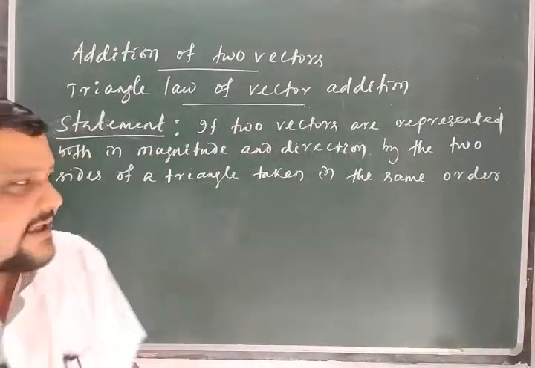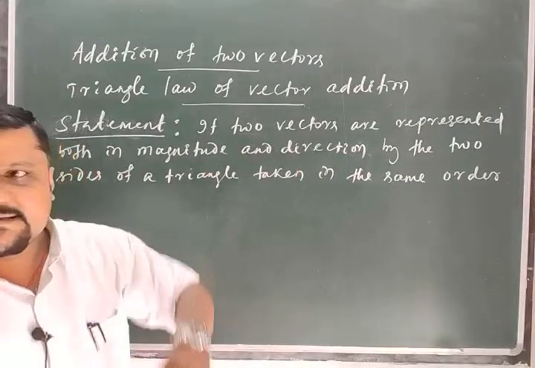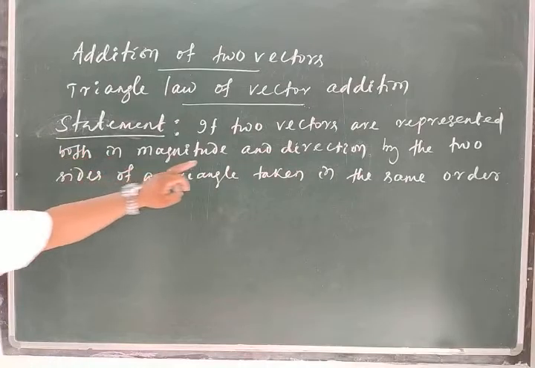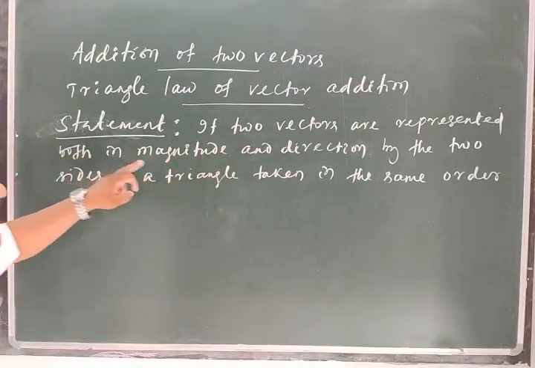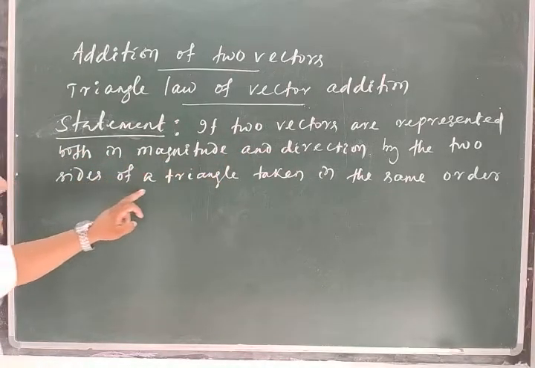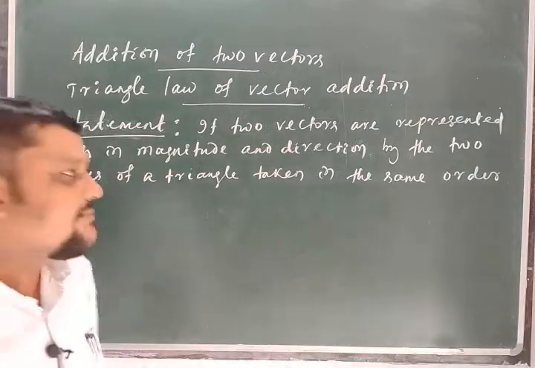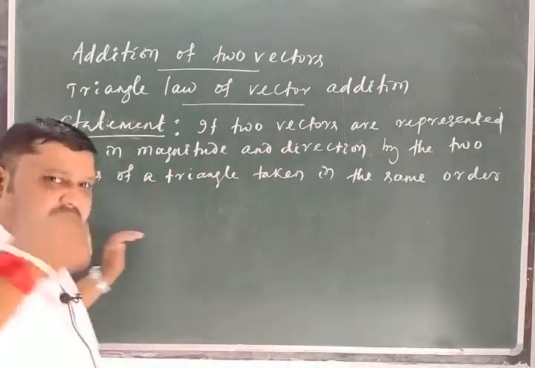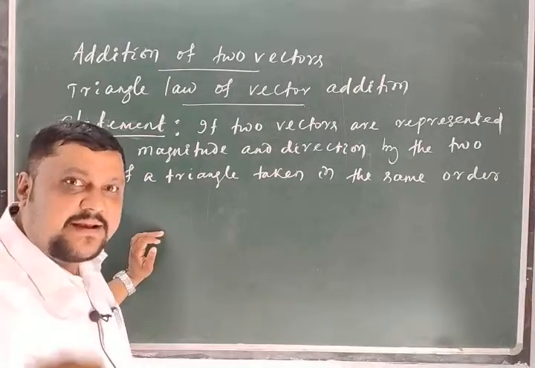Then we can say that they are in the same order. So the two vectors are represented both in magnitude and direction by the two sides of a triangle taken in the same order. Then the combined effect of these two is called the resultant.